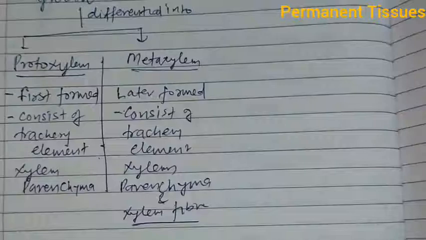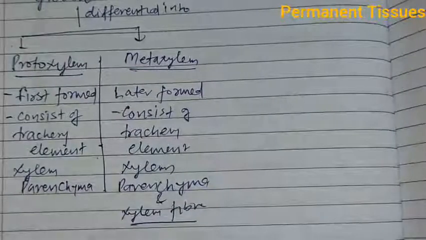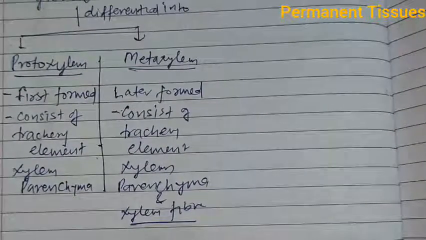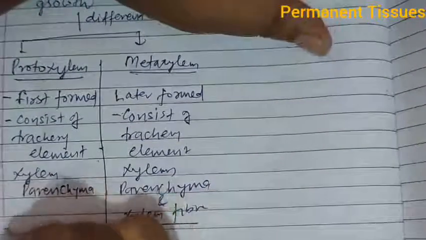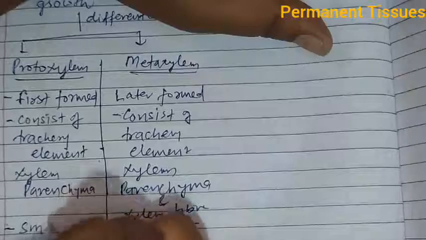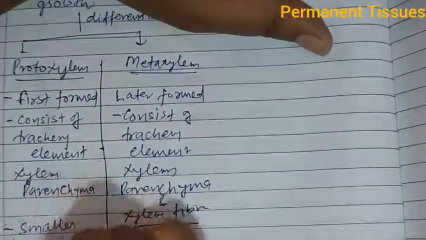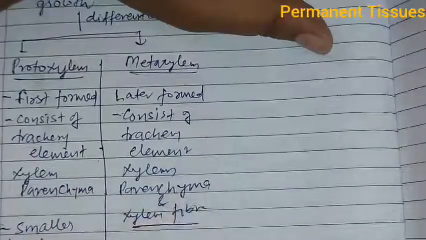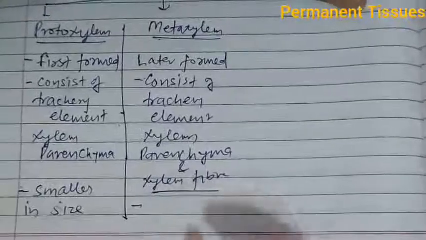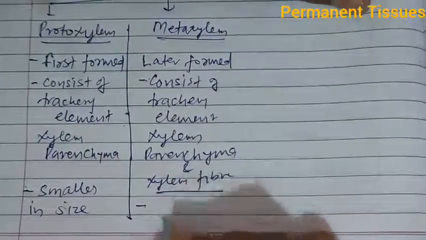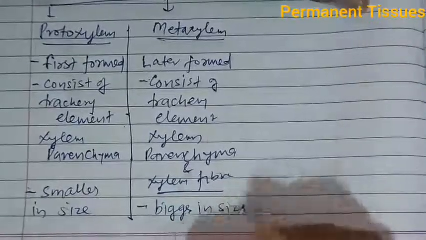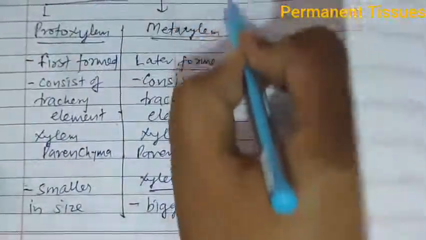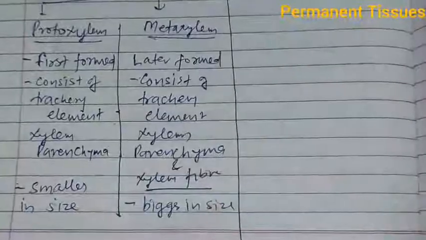So it is the first formed and later formed. Please remember the cells of protoxylem are smaller in size, whereas the cells of metaxylem are bigger in size. So that is all about primary xylem.